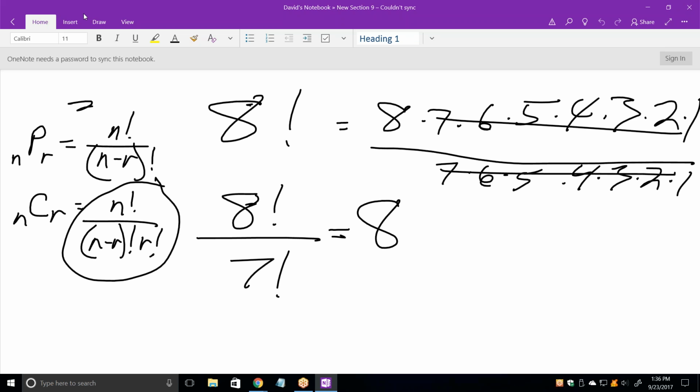Now let me test you. For n pick r, r is always going to be less than n. Always, 100% of the time. What's that? Once again, without a calculator. I know you can do these on a calculator, but you kind of need to understand them, especially if you're going on to more advanced math. Once you get into calculus, you definitely need to know how to do these without a calculator.